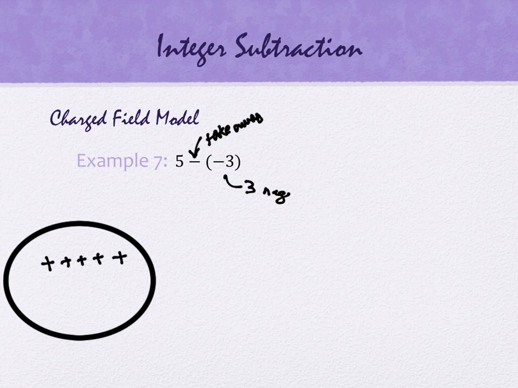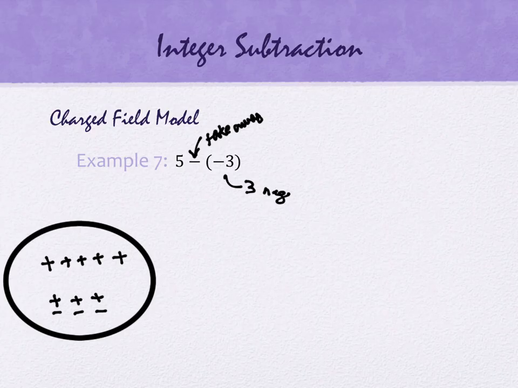Well, there are no negatives to take away. So I put them in 0 pairs. I put in a positive and negative, another positive and negative, and another positive and negative. This circle still has the value 5. Okay? But it's expressed in a way that I can remove the 3 negatives now.